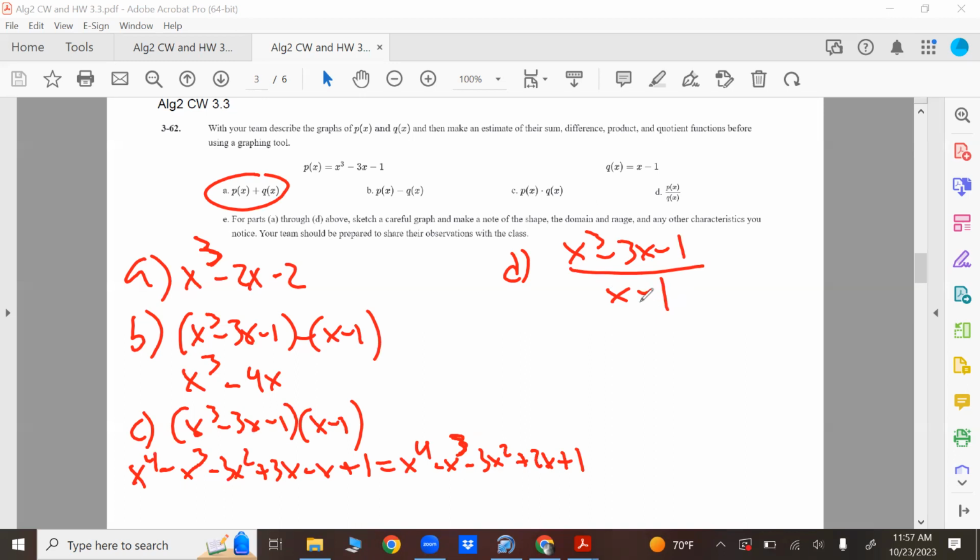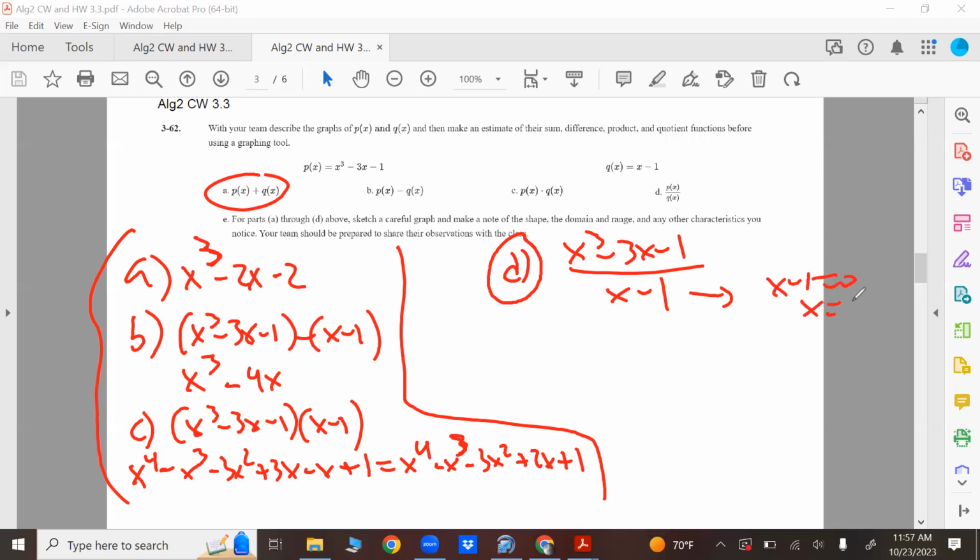Now, let's actually focus on D right now, because we haven't really talked much about how to graph these just yet. Those are a little complicated. Let's focus on D. What makes the bottom 0 here? Exactly. So you can't plug in 1.